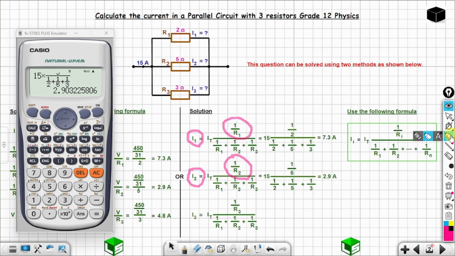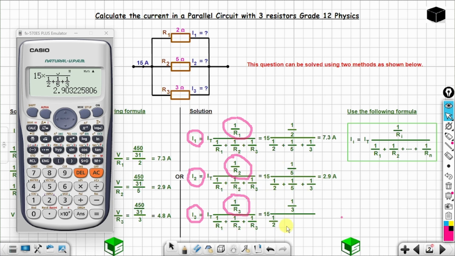Now I3, the same formula. When you are calculating I3, you are going to have 1 over R3 in the numerator. This is equal to the total current times 1 over R3, where R3 is equal to 3 ohms, over the same thing.